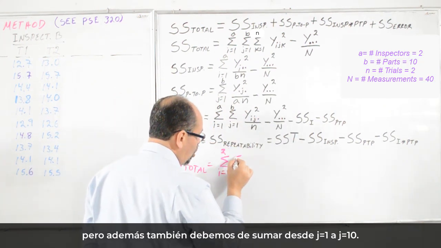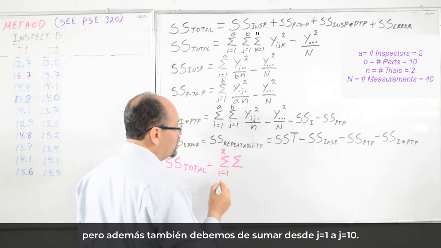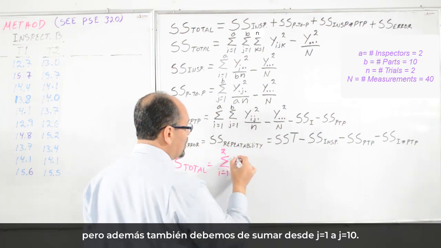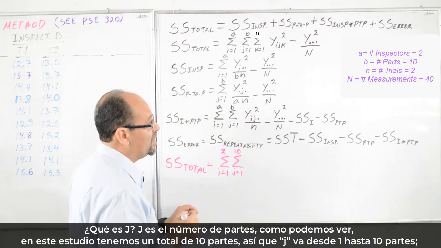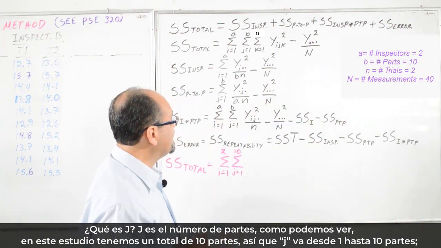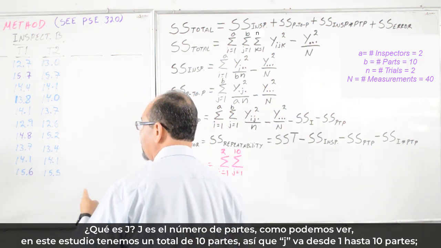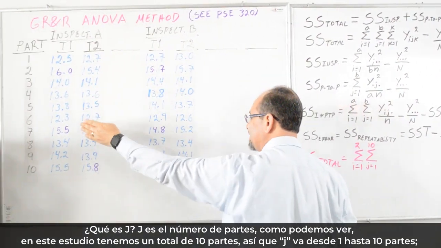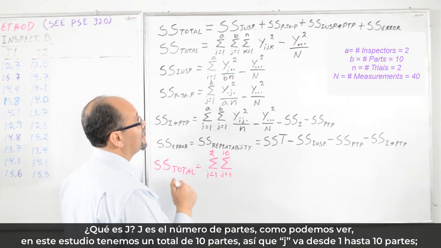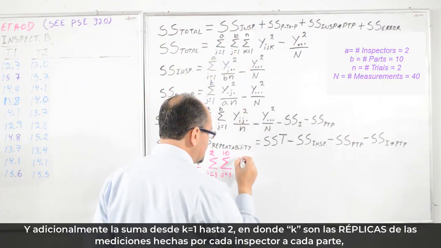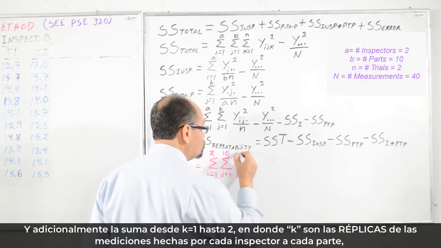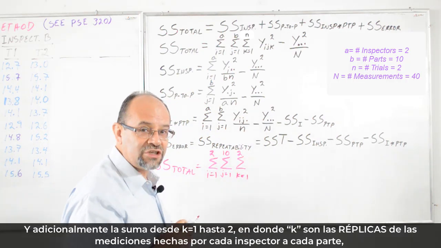But not just that, we also want the sum from j equal to 1 to j equal to 10. What is j? j is the number of parts, and we have 10 parts, as you can see here in the study. And in addition, the sum from k equal to 1 to 2. 2 are the trials or replicates.